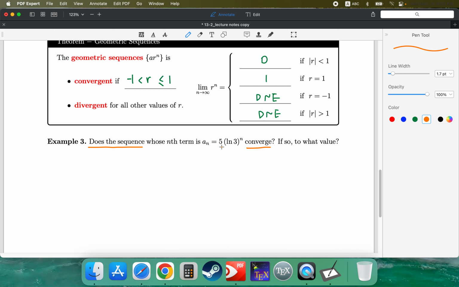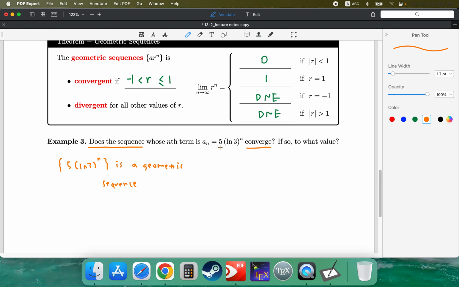So notice that our term is 5 times natural log of 3 to the nth power. So we can say that this sequence is a geometric sequence. Now you might be wondering, how do I know this is a geometric sequence?